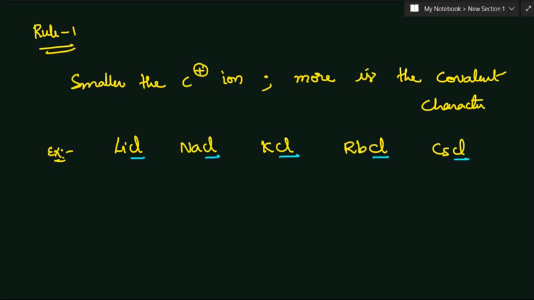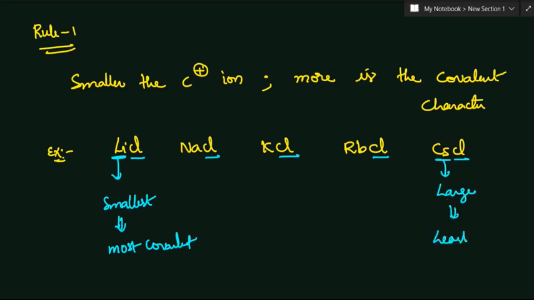Now the covalent character depends upon the size of the cation. So lithium being smallest in size, smaller the cation size, more is the covalent character. Therefore, lithium chloride is most covalent in nature. Now cesium is very large in size, so therefore least covalent.